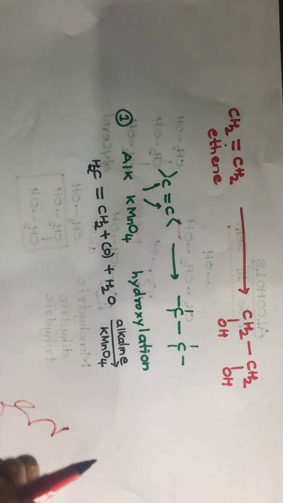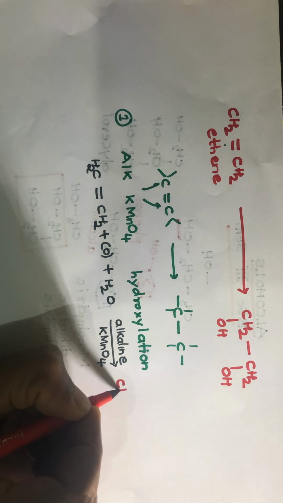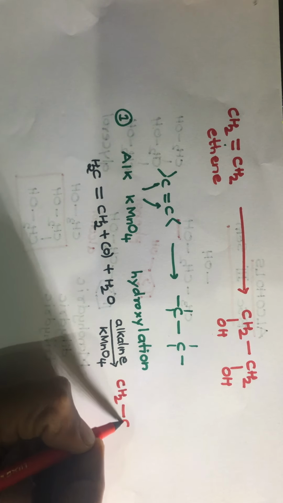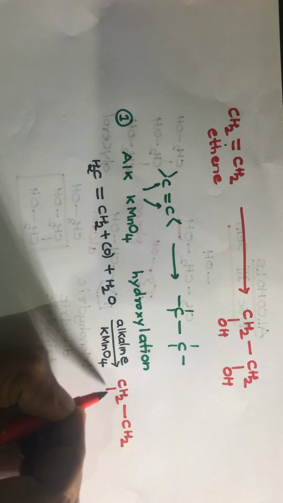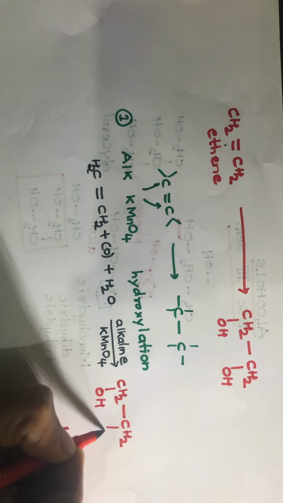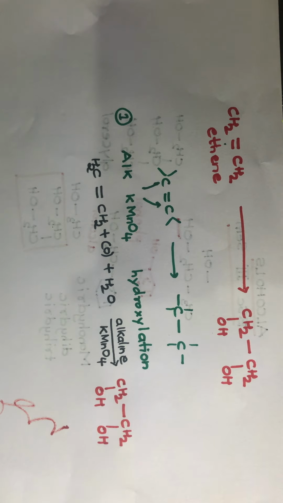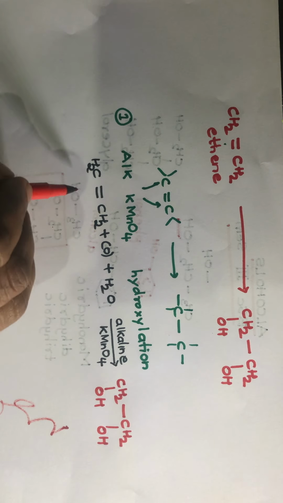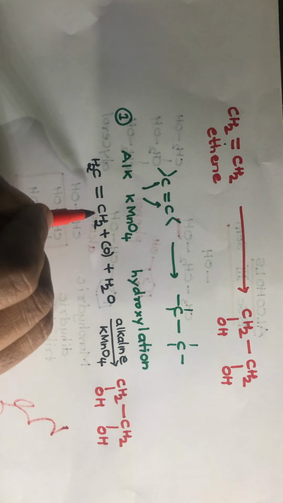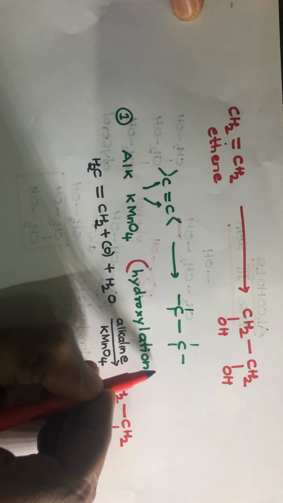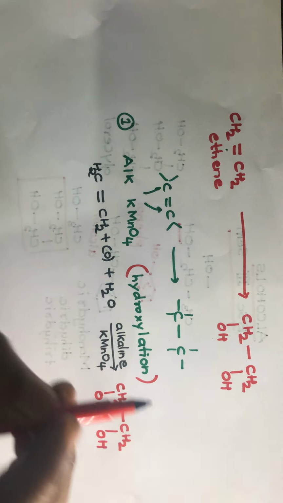So you end up getting this compound, CH2 single bond CH2, OH OH. So across the double bond OH group adds up. This reaction is also referred to as hydroxylation reaction.